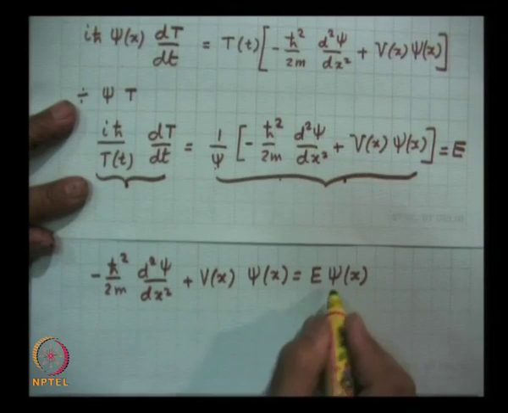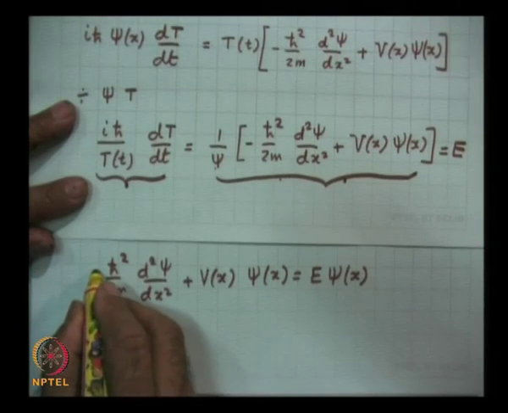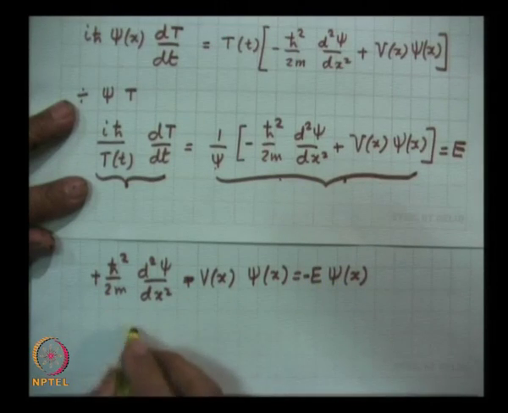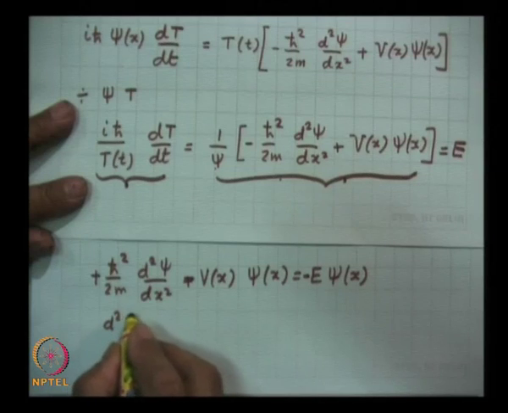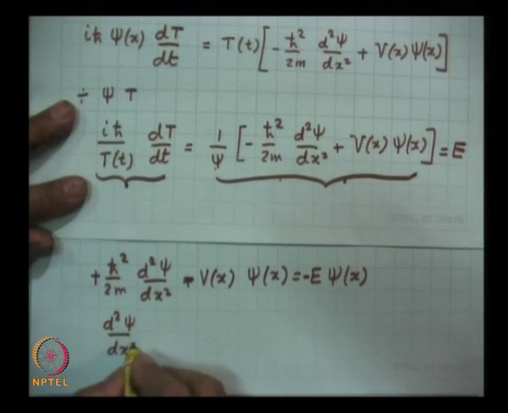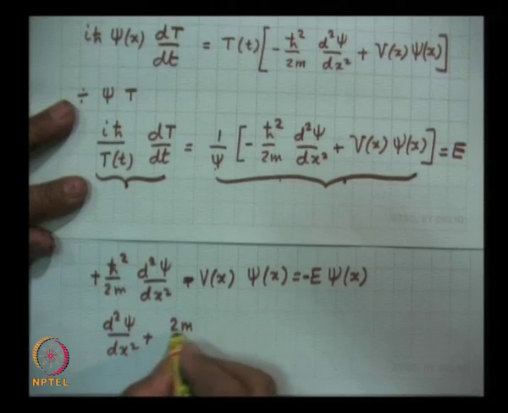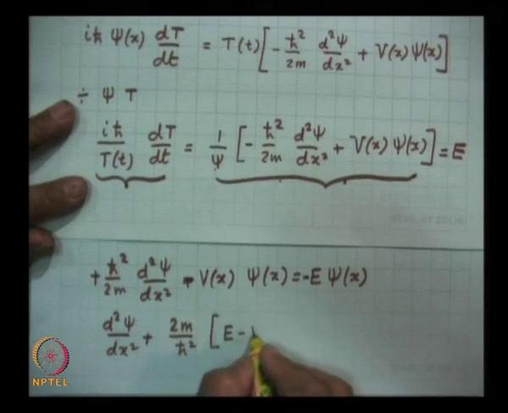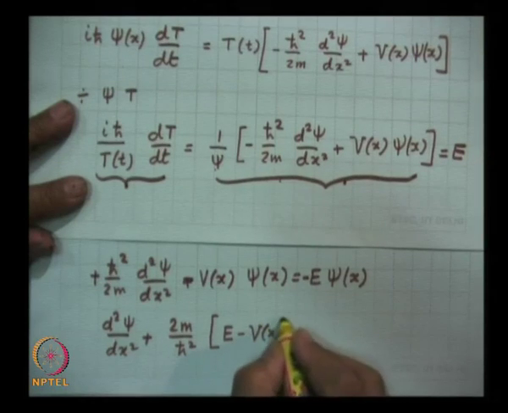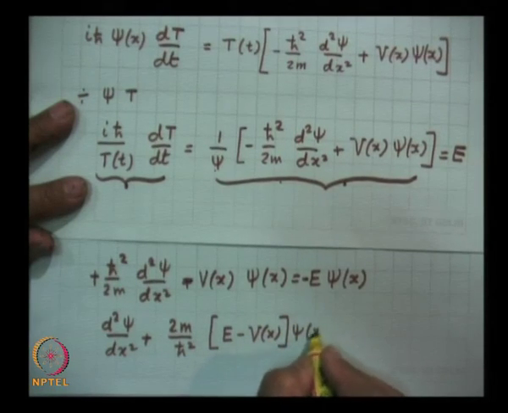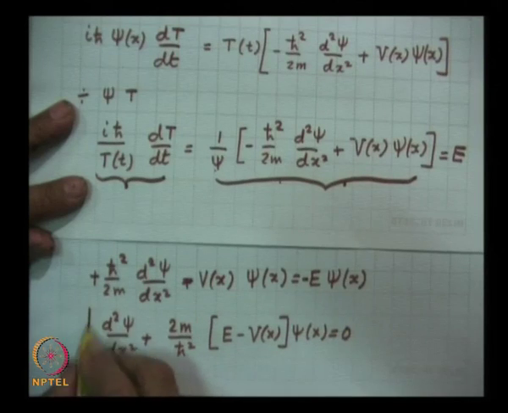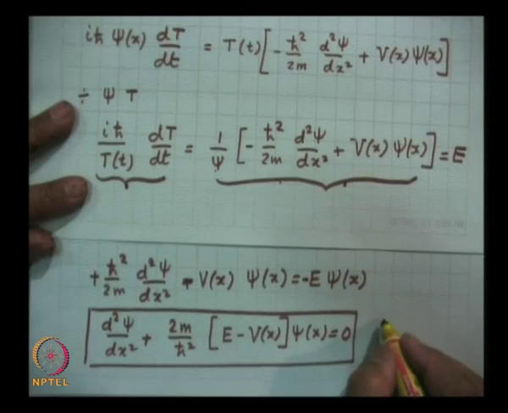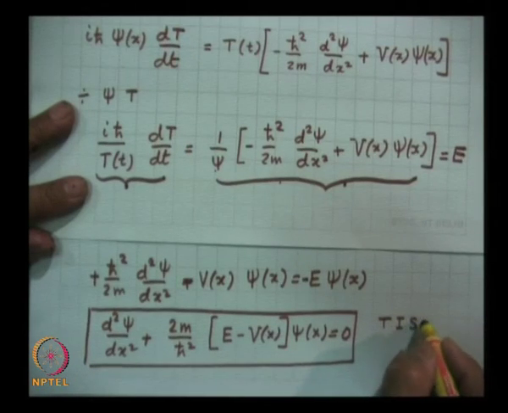And therefore, bringing terms to one side, you get d 2 psi by dx square plus 2m by h cross square times E minus V of x psi of x is equal to 0. This is known as the time independent Schrodinger equation.